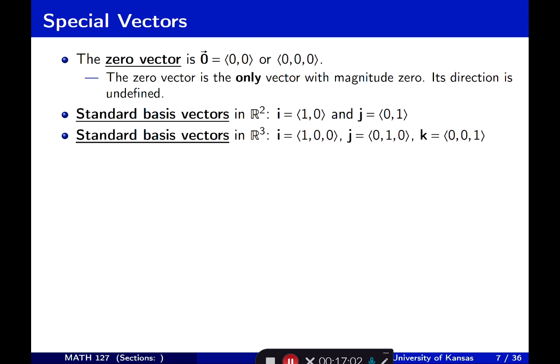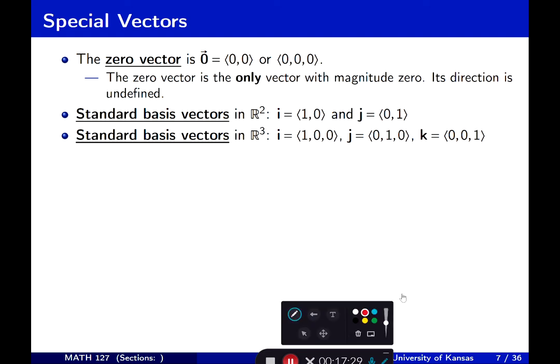There are also known vectors that you may know from other courses, either from physics or from linear algebra. The standard basis vectors in R2 may come with either an arrow or a little hat on top of it.